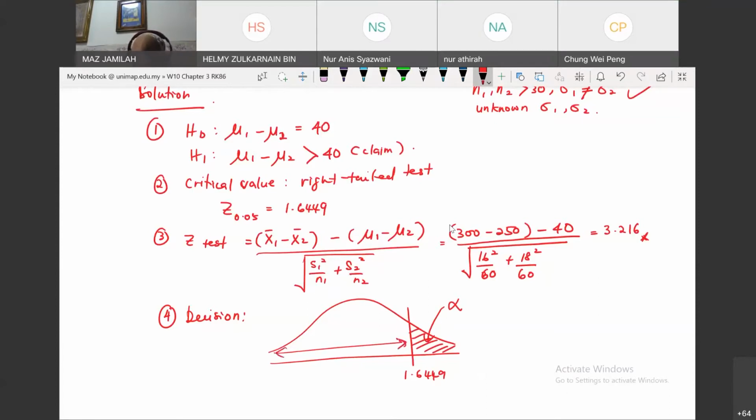Look for the Z test: 3.216, which is larger than this one. So 3.216 falls in the rejection region, so we reject the null hypothesis.